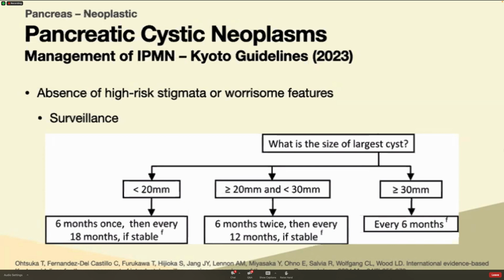So if the largest cyst is less than 2 centimeters in size, then we do repeat imaging after 6 months, and then every 18 months if stable. If it's between 2 to 3 centimeters, then we do repeat imaging after 6 months twice, then every year if stable. If the largest cyst is greater than or equal to 3 centimeters, then we do imaging every 6 months.